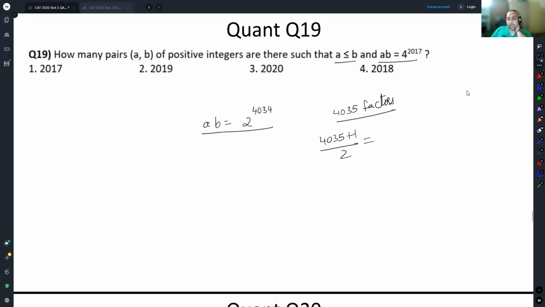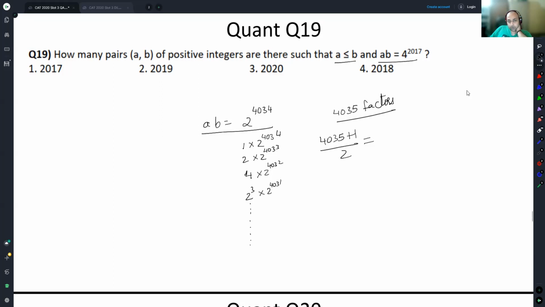In how many ways can AB be written as two numbers multiplying to give this product? See, it starts off with 1 into 2 raised to the power 4034, then 2 into 2 raised to the power 4033, 4 into 2 raised to the power 4032, 2 cube into 2 raised to the power 4031.